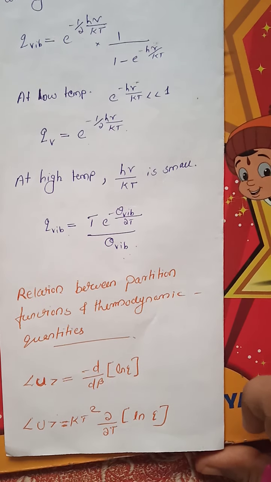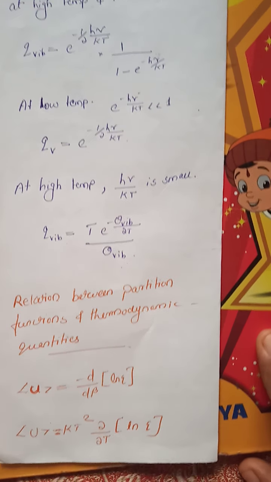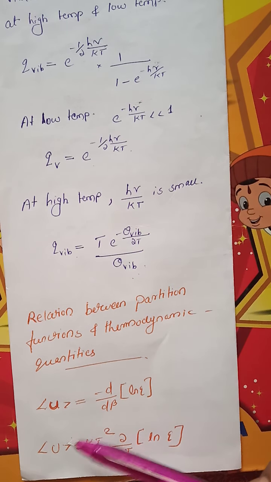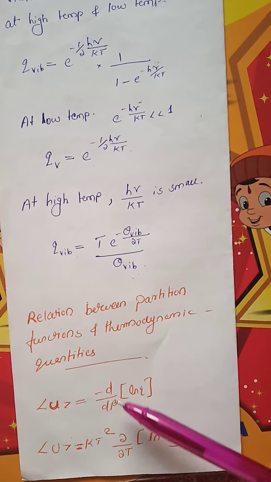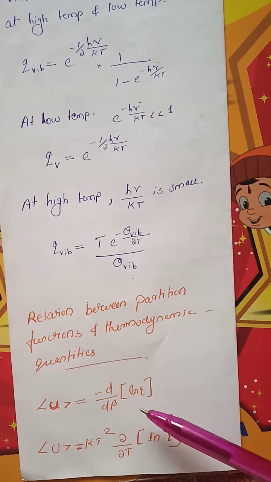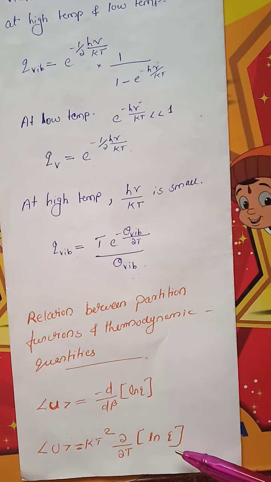Next, we are discussing the relation between the partition function and thermodynamic quantities. The average internal energy in terms of beta can be found by minus d by d beta of ln q. And in terms of temperature, average internal energy is equal to kT square dou by dou T of ln q.